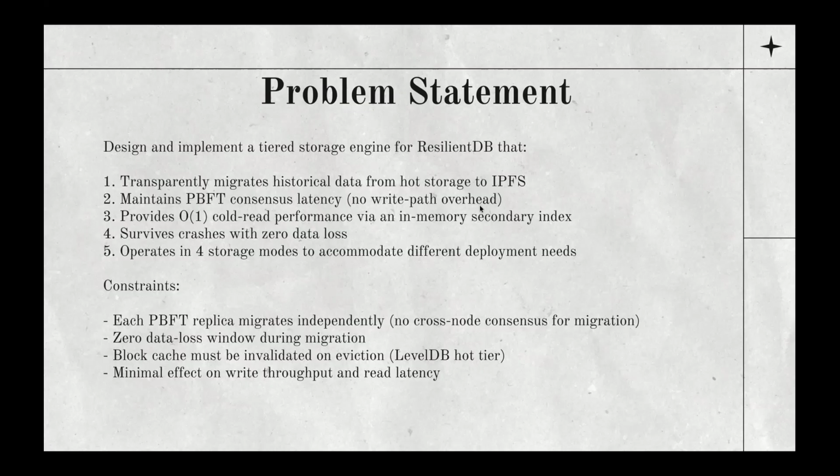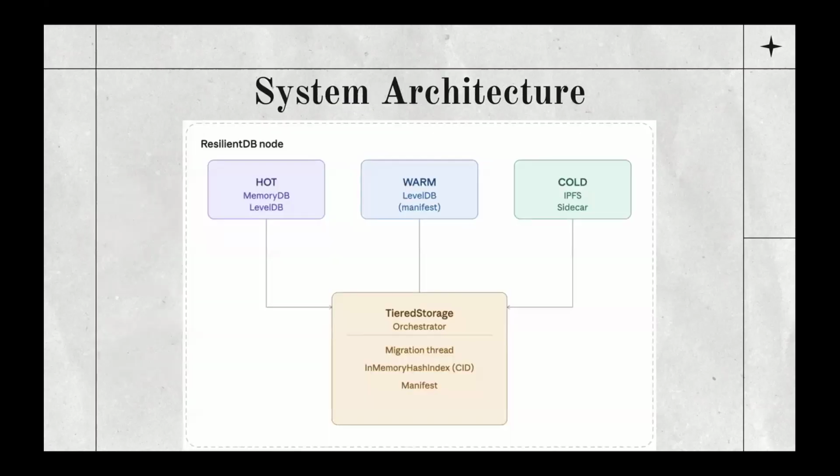Even the cache within LevelDB should be invalidated on eviction from LevelDB. And the write throughput and read latency should not be affected. This would result in lower storage costs over a long-term period, which would be validated in the results in the next slides. So here is the system architecture.